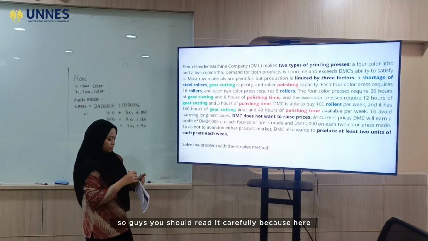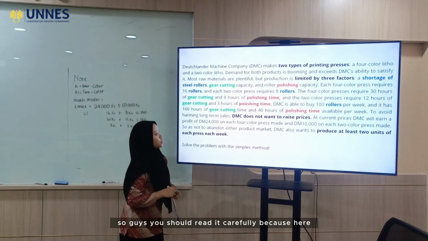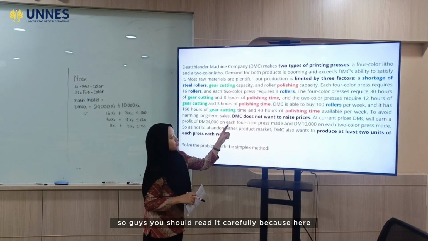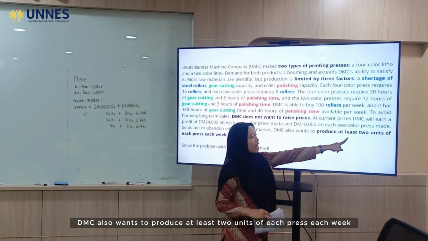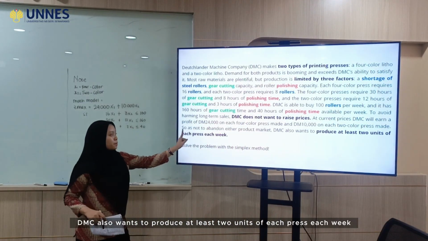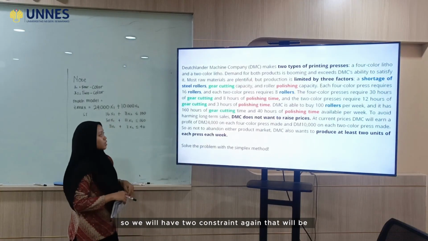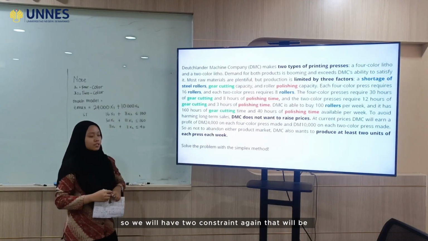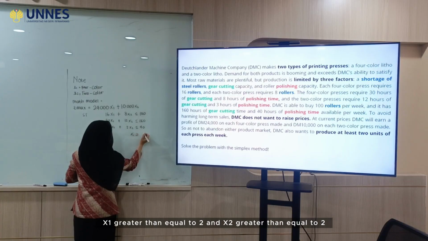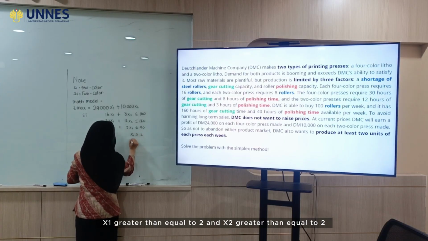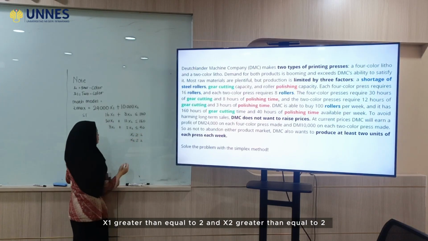Okay. So, guys, you should read it carefully because here TMC also wants to produce at least 2 units of each press each week. So we will have 2 more constraints like this: x1 greater than or equal to 2 and x2 greater than or equal to 2.